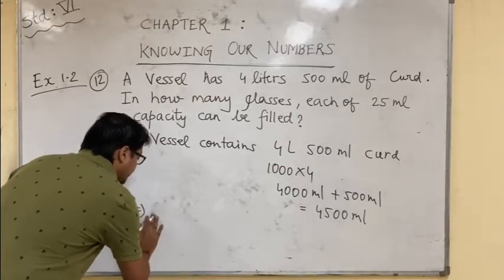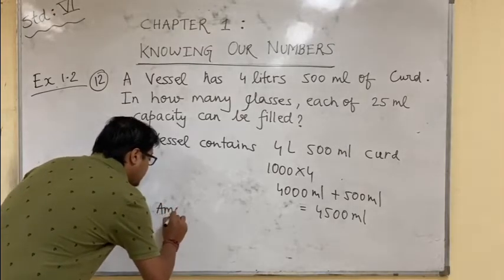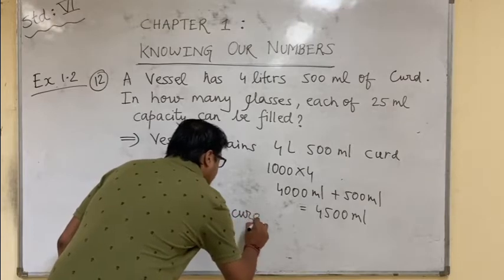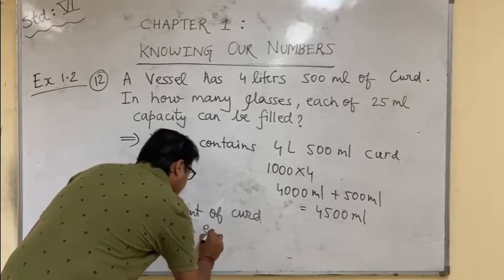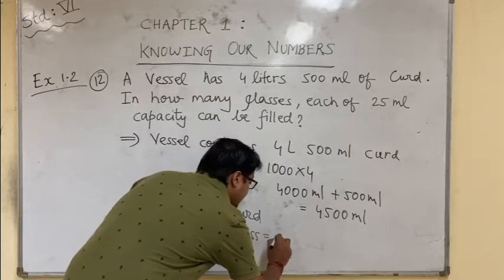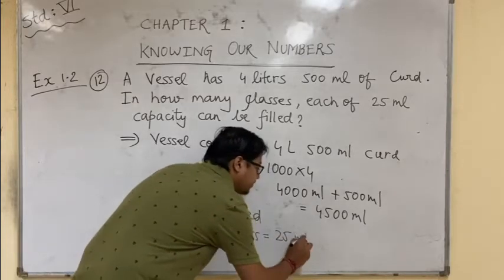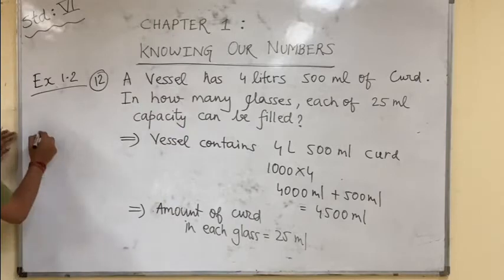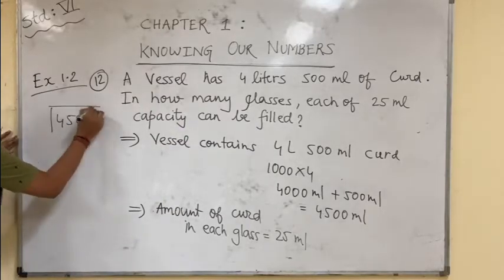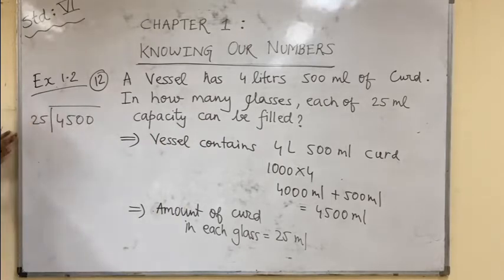Then amount of curd in each glass. What is the amount of curd in each glass? 25 ml. Sir will perform the division here. 4500 divided by 25.